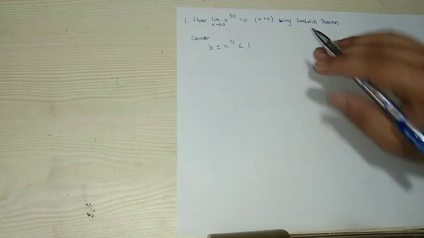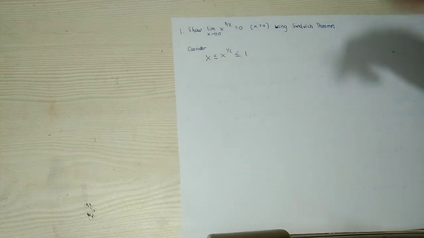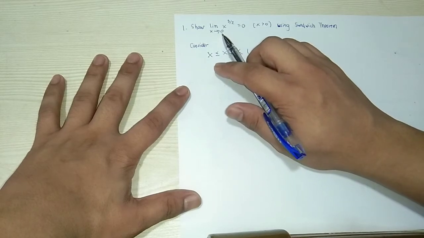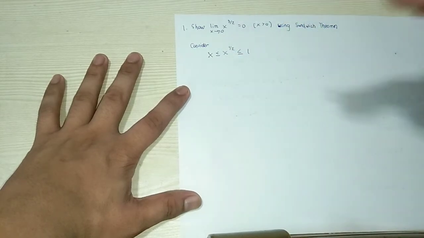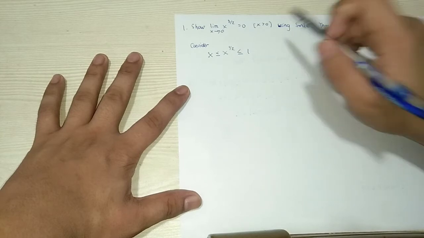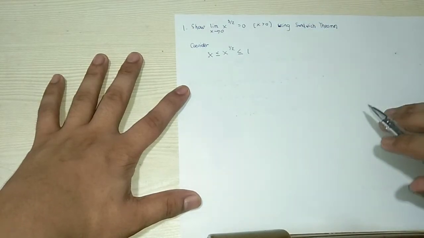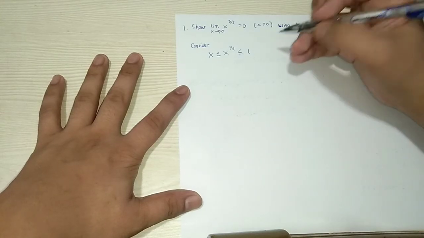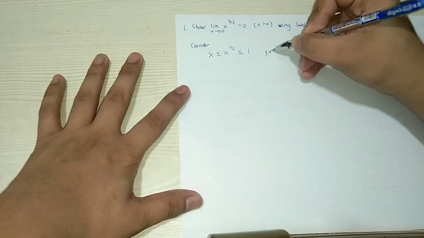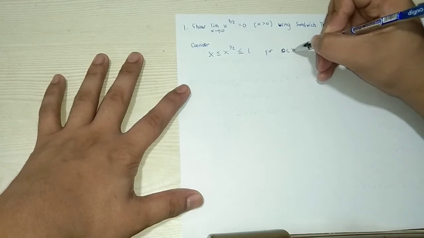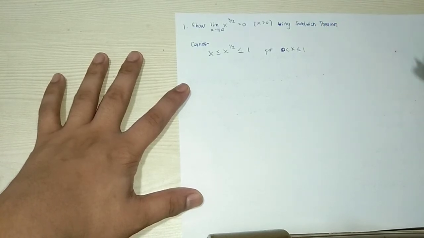Okay? So bakit ito yung pinag-uusapan natin? Kasi pinag-uusapan natin yung values ng x ay nag-a-approach sa 0. So doon na tayo pumunta sa mga values na malapit sa 0. And those values ay yung mga less than or equal to 1. Okay, so this is for positive x and less than or equal to 1.